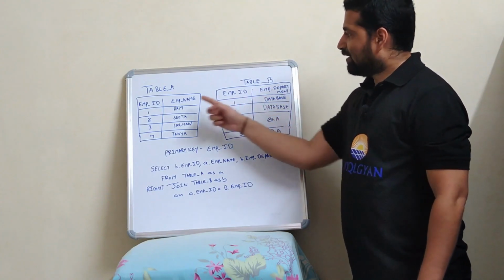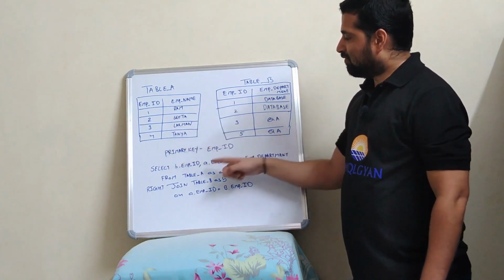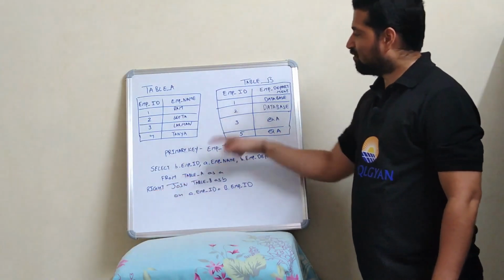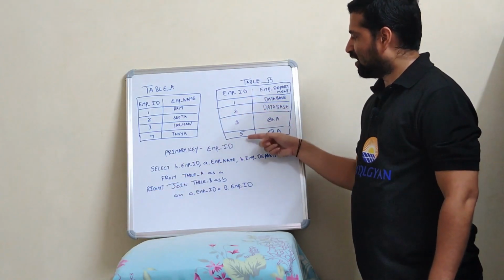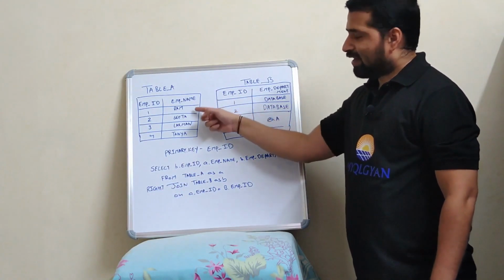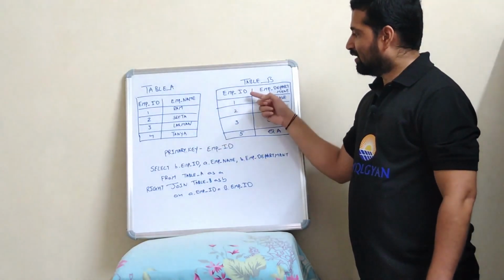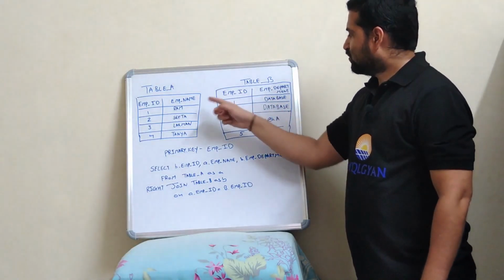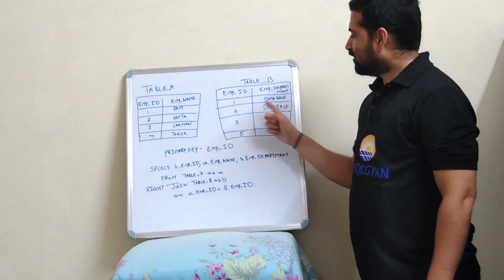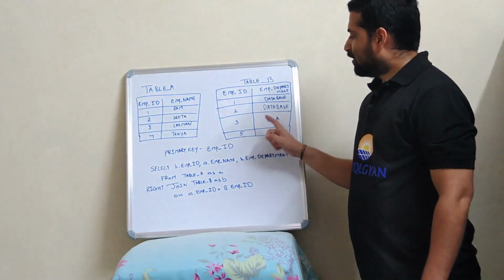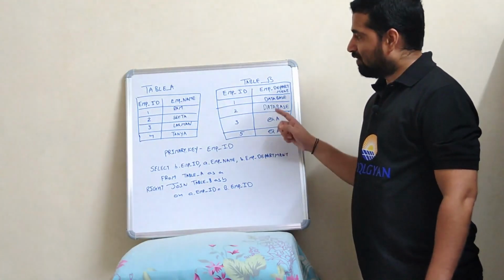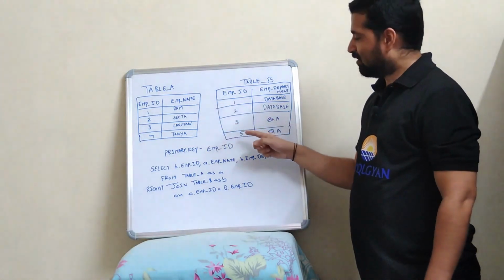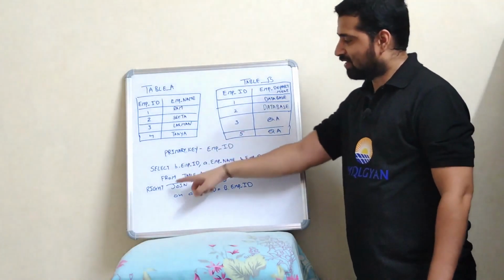The fifth employee ID is not present in table A, but as we have written right join, it will give you 1, 2, 3 and 5, and against 5 the employee name will be null. So it will return 1 Ram database, 2 Sita database, 3 Lakshman QA and 5 null and QA. The employee name will be null, but it will return it because we have written right join.